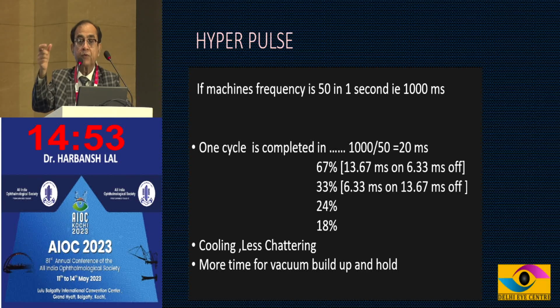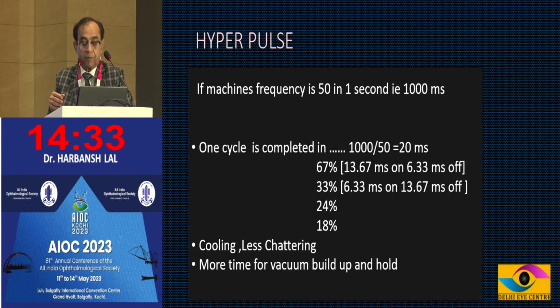If you keep it at 25%, that is like a person working 6 hours in 24 hours. So 6 hours is the working period and 18 hours is the off period. Whenever there is a soft cataract, you don't want so much energy, you want more cooling period, so you can keep the duty cycle at a lower percentage.